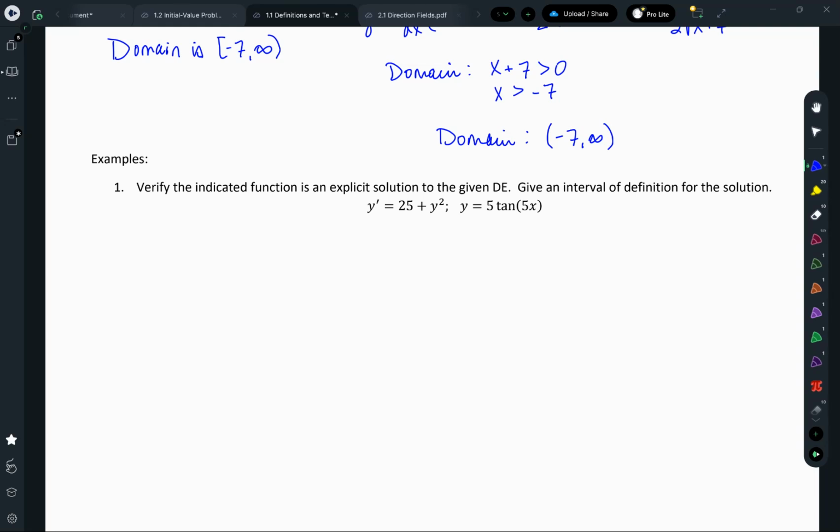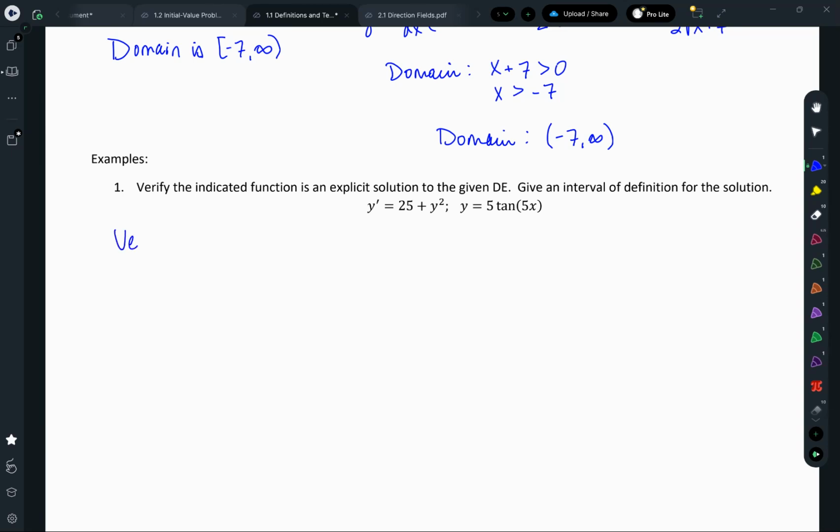So here we're being asked to verify that y equals 5 tangent of 5x is a solution to y prime is equal to 25 plus y squared. We're also being asked to give an interval of definition for the solution. So I'm going to first verify.